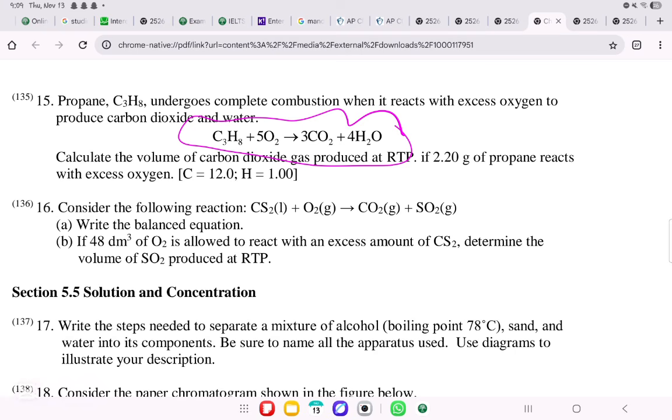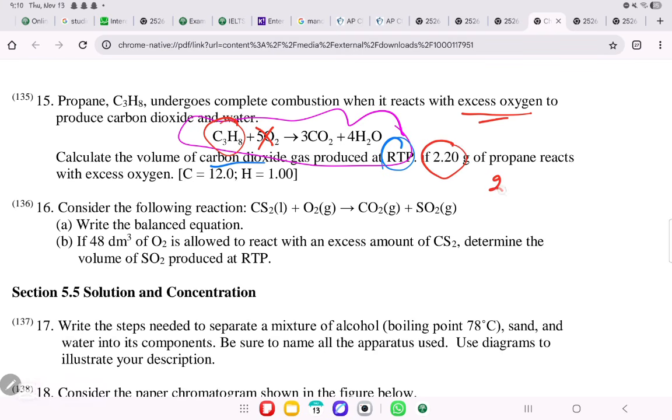What did they say? They said they want the volume of carbon dioxide gas produced at RTP. So what will we need to do in this scenario? We need to find out which one is the limiting from the given excess oxygen. This is the excess and this is my limiting, right? So first of all, you need to find the number of moles of propane.